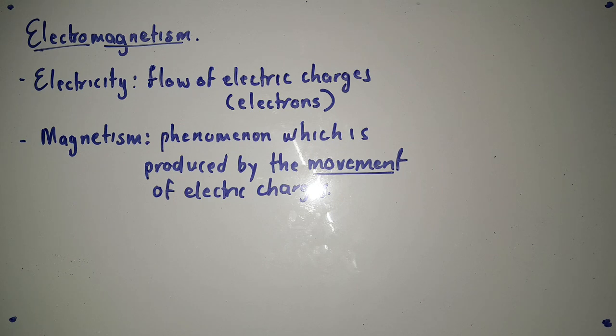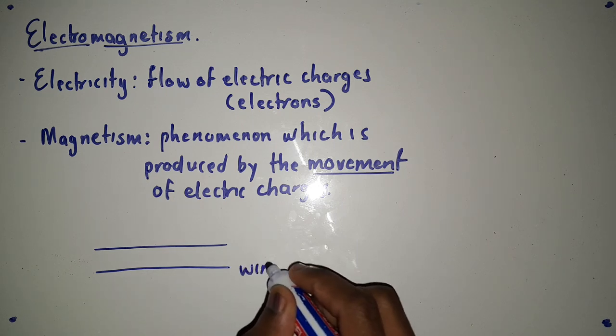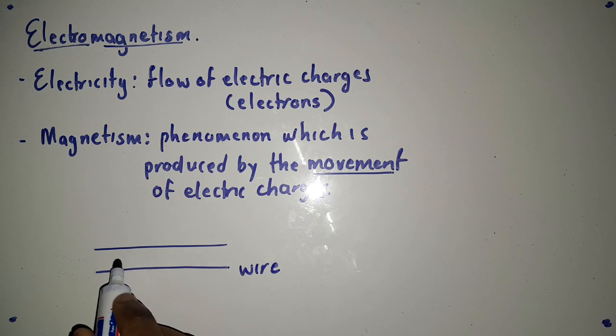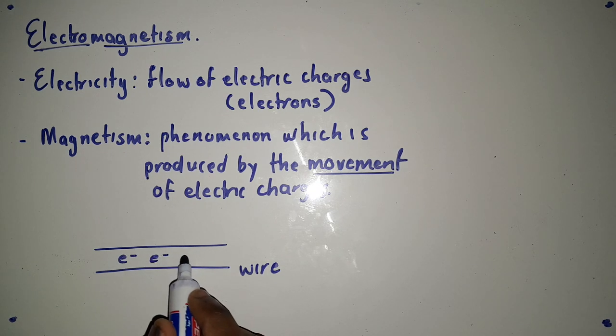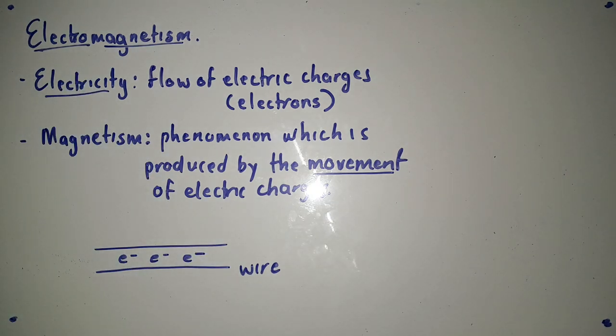My apology about the light over there. Suppose I have a wire like this, and inside the wire I have the movement of electrons, which is the concept of electricity.